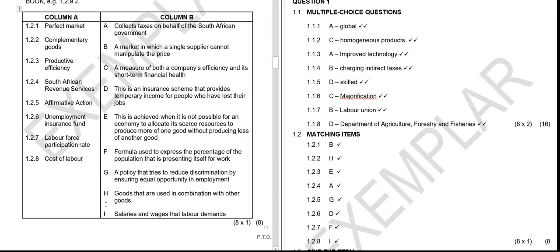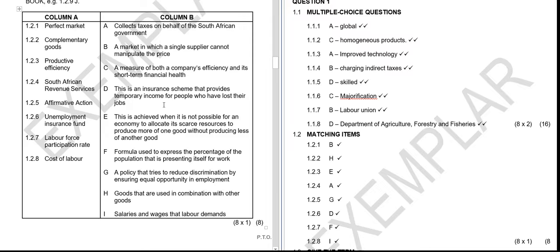Of course, we can just recheck and see which one is the correct match. For the unemployment insurance fund, the correct answer is D. This is an insurance scheme that provides temporary income for people who have lost their jobs. So D is the most appropriate. So we can correct that.